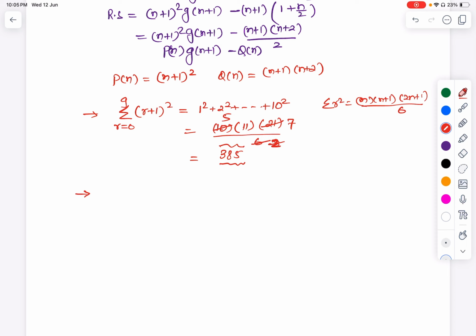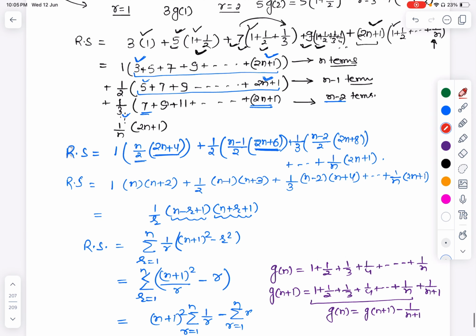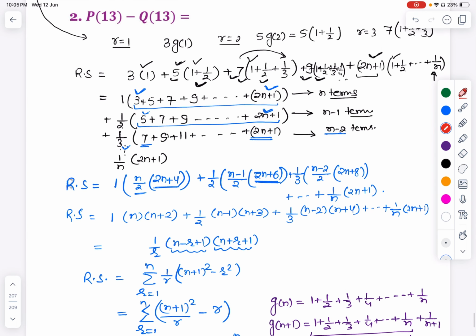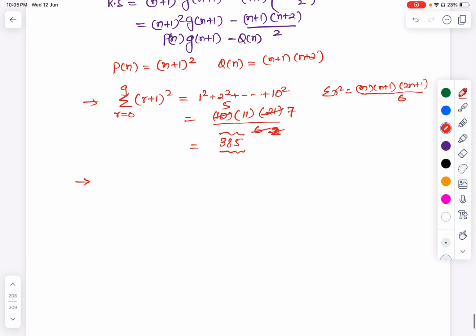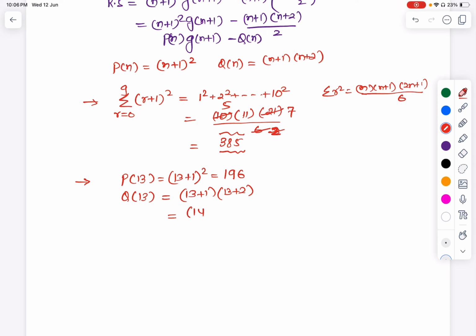Now another part, what they are asking is P of 13 minus Q of 13. So P of 13 is basically (13 plus 1) whole square, that is 196. Q of 13 is (13 plus 1) and (13 plus 2), that is 14 into 15, divided by 2.